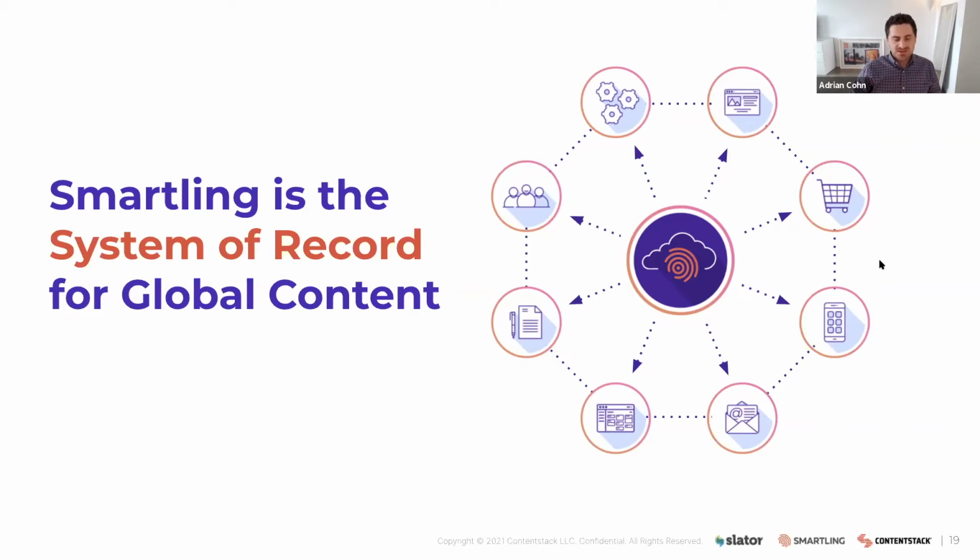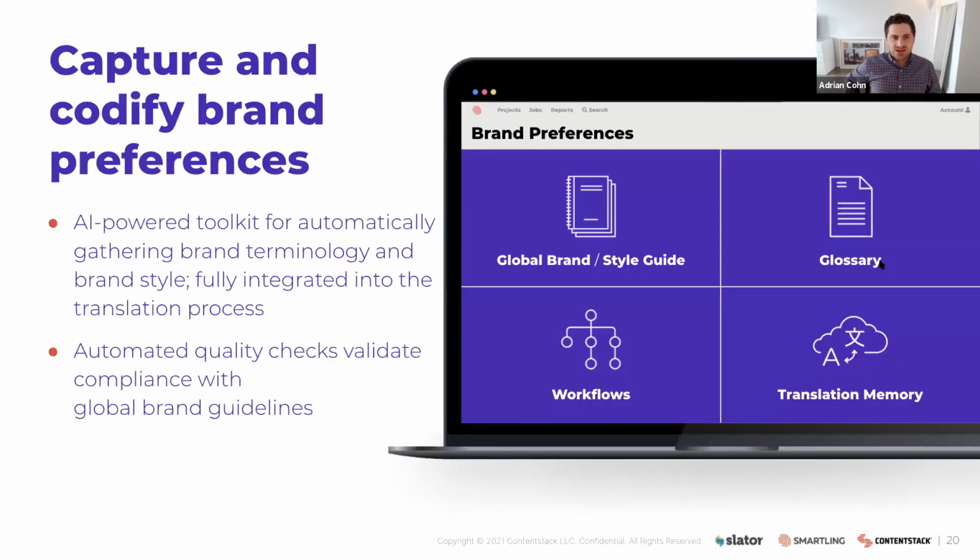And the first thing that we do on the next slide is we capture all of your brand preferences through the form of a global brand style guide, through a glossary, through workflow development, and through your translation memory. And all of these tools are uniquely important to the language translation process because every brand that we work with, and I'm going to go ahead and guess that your brand is really important to you.